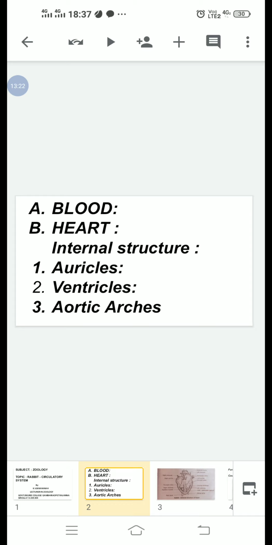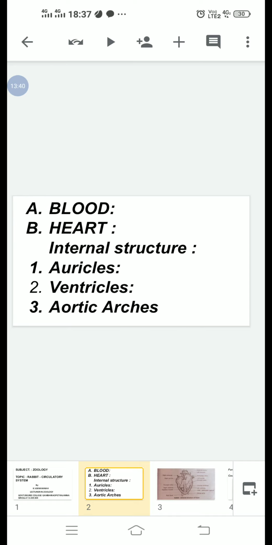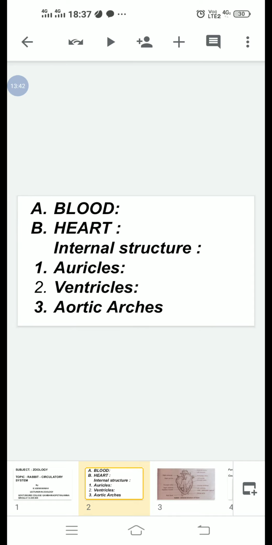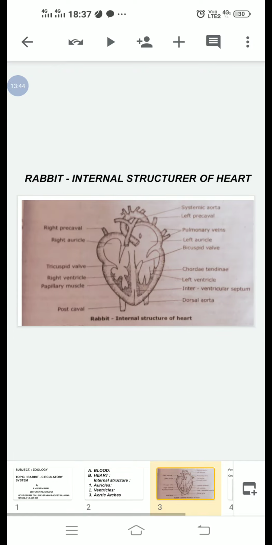They are separated from each other by an interventricular septum.